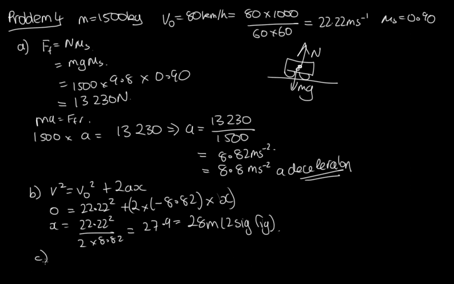And then finally part C, the net force felt by the 80 kilogram driver as the car stops. So the net force, F is equal to ma, is just the mass of the driver times the acceleration.